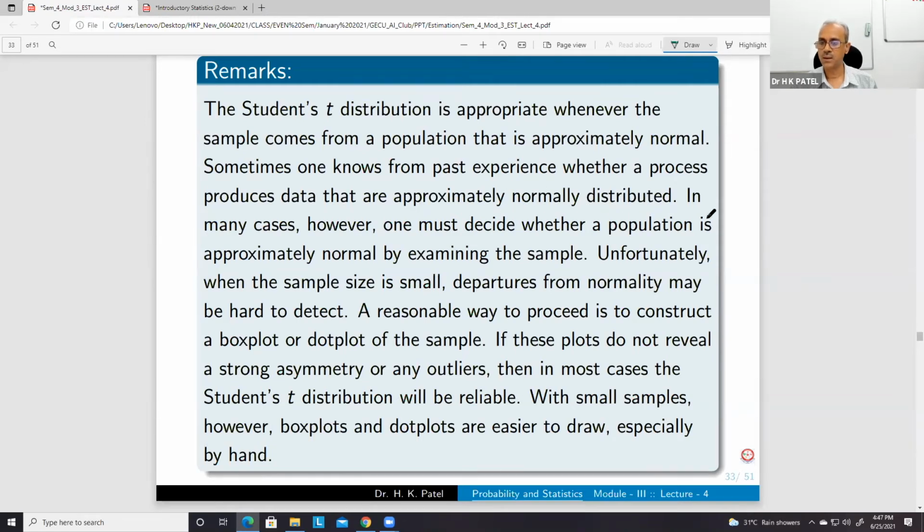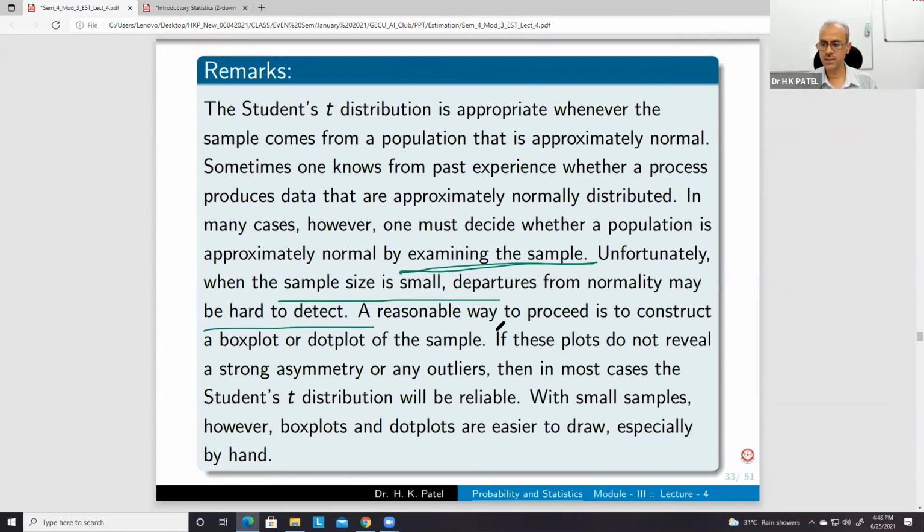In many cases, however, one must decide whether a population is approximately normal by examining the sample. So we examine the sample and decide whether the population could be approximately normal or not. Unfortunately, when the sample size is small, departure from normality may be hard to detect.